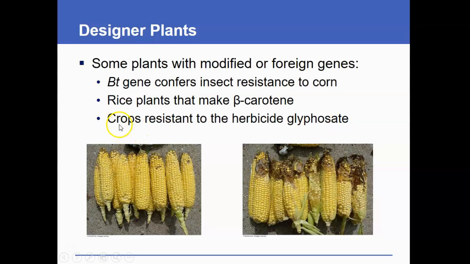Lastly would be the famous or possibly infamous example of the herbicide glyphosate, which you might have heard more commonly as Roundup.